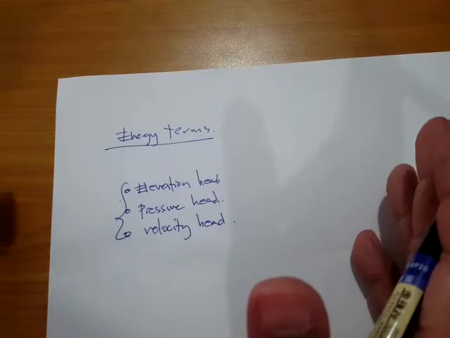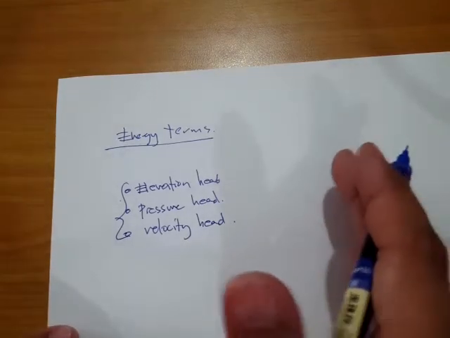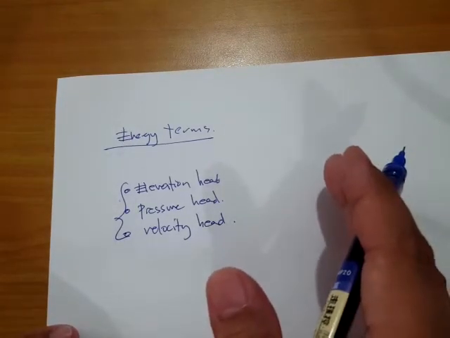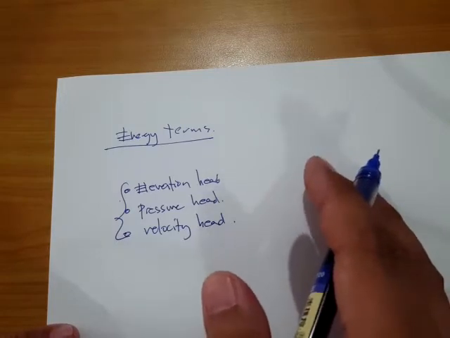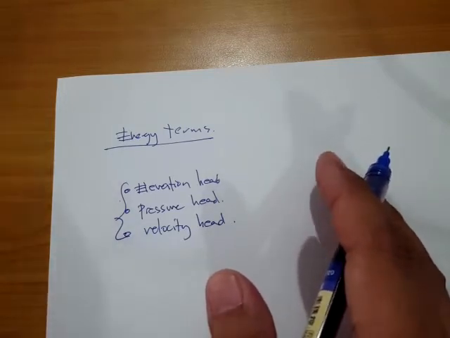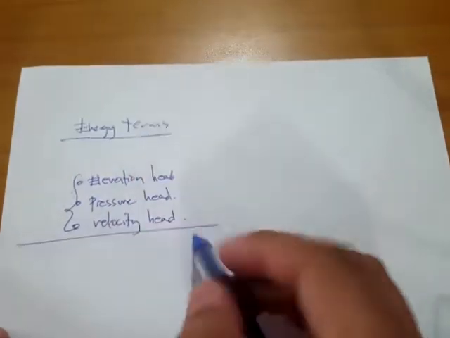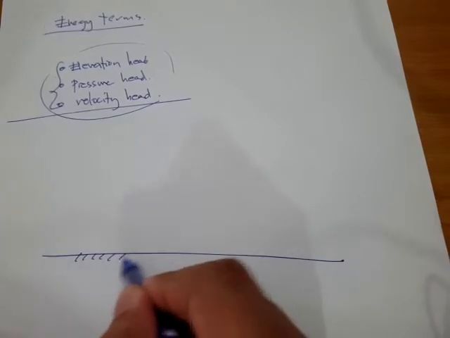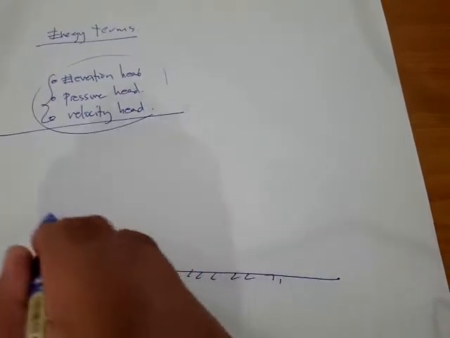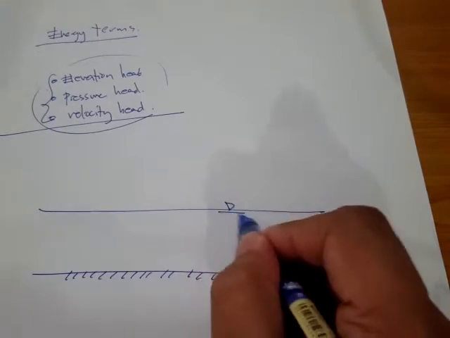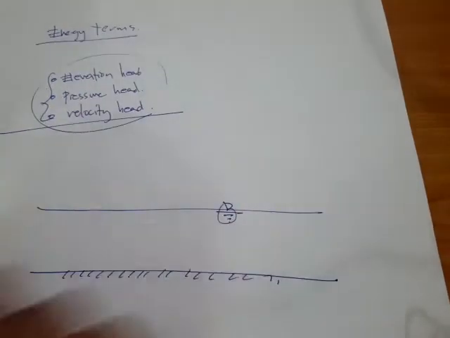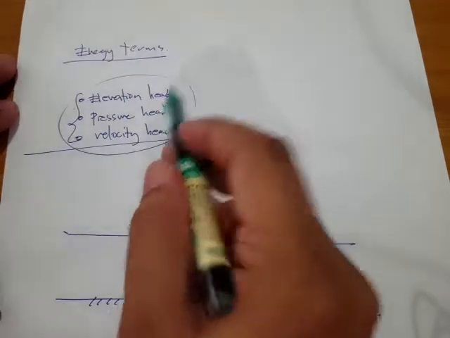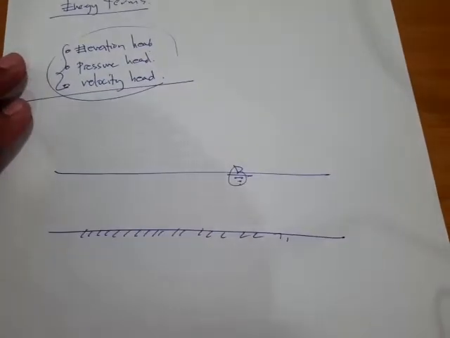And of course, if we take into consideration the conservation of energy, then there's going to be a portion of energy related to the head loss. But for now, let's just talk about these three terms: elevation head, pressure head, and velocity head. So if here's our channel bottom, and here's our top surface or free surface, then the elevation head is the energy in terms of the elevation.